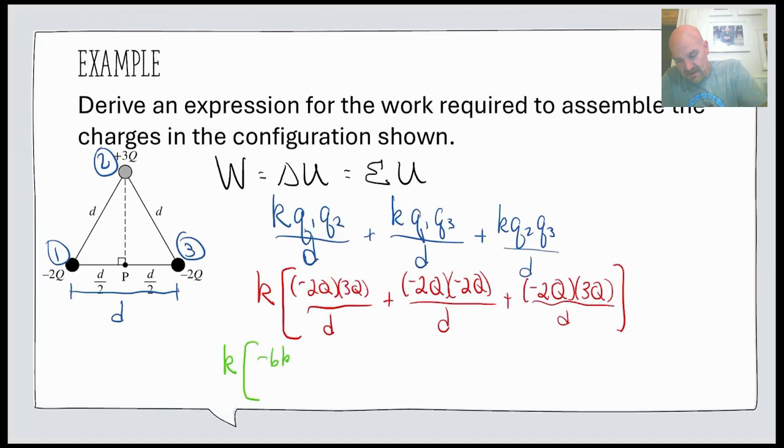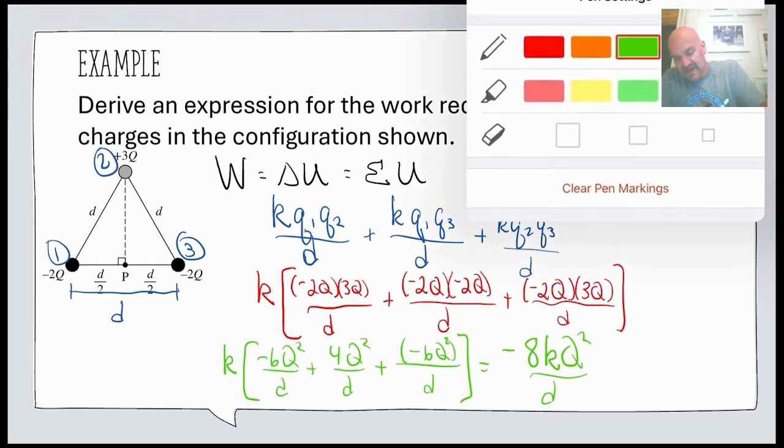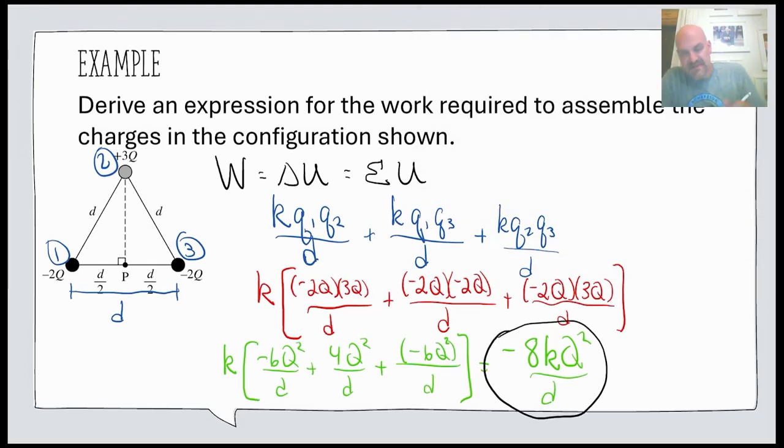I don't need the K because I pulled that out. So you have negative 6Q squared over D plus 4Q squared over D plus negative 6Q squared over D. Negative 6 plus 4 minus 6 is negative 8. So negative 8KQ squared over D is the total potential energy to get these three charges to come together.